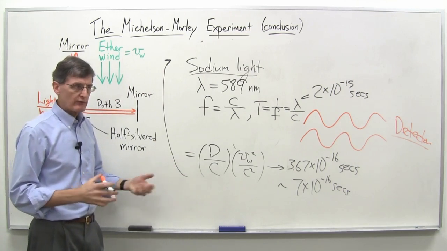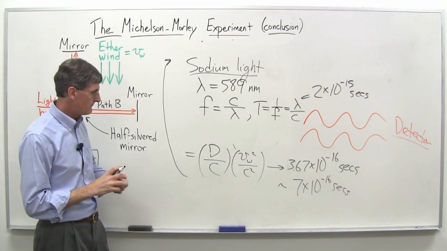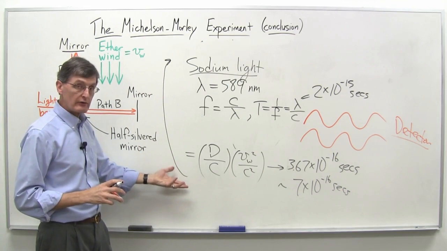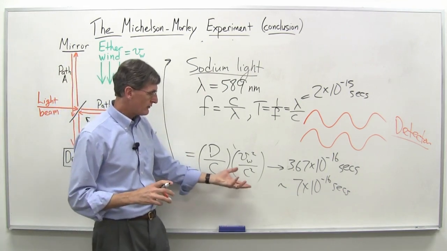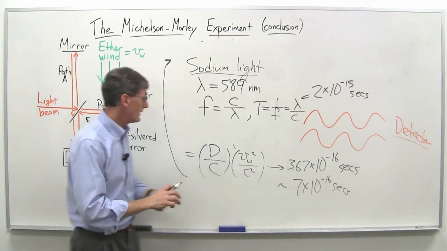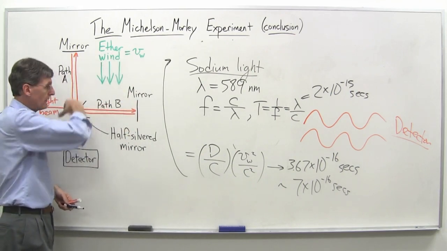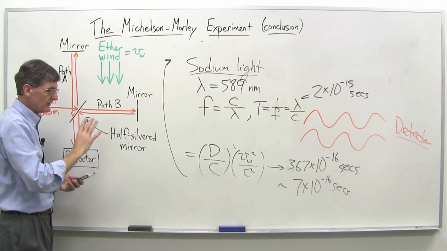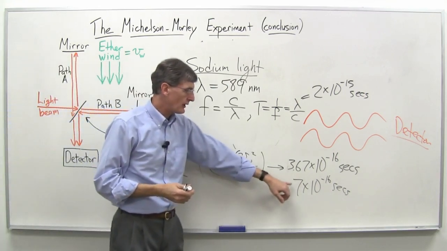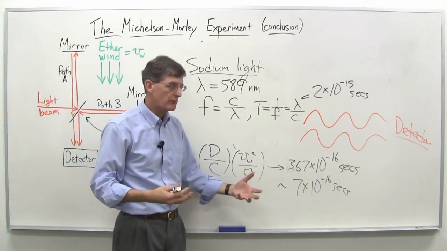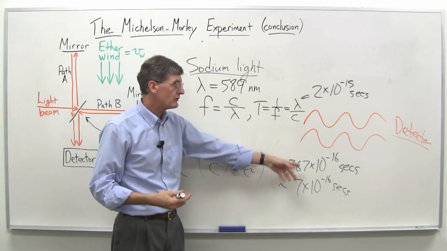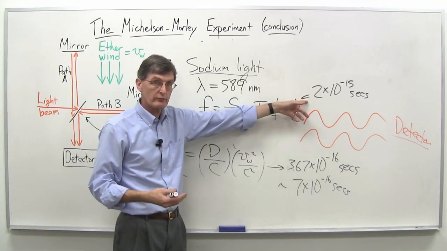How is that significant for us? Because look at this. The experimental analysis says that the time difference, if there's this ether wind blowing here, a crosswind and then a tailwind and headwind case, is 7 times 10 to the minus 16 seconds. Really, really small. But compared to the period, not so small.